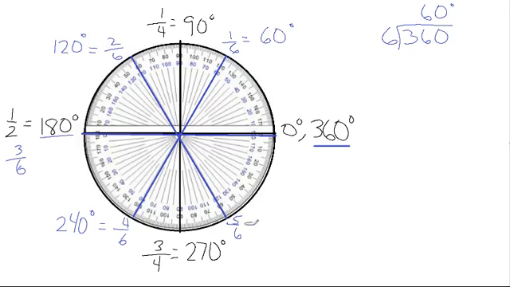So it's 5 times 60, so you end up with 300 degrees. And 6 groups of 60, you end up back at the 360 degrees. So that's how to find how much of a fraction of a circle, or how many fractions of a rotation, equals degrees.